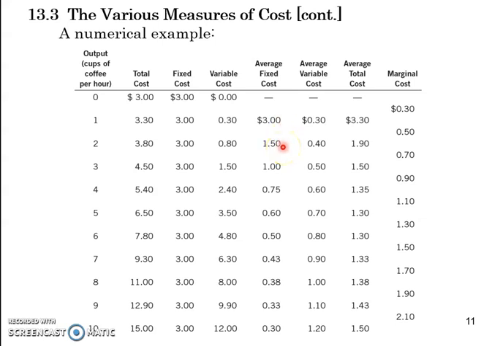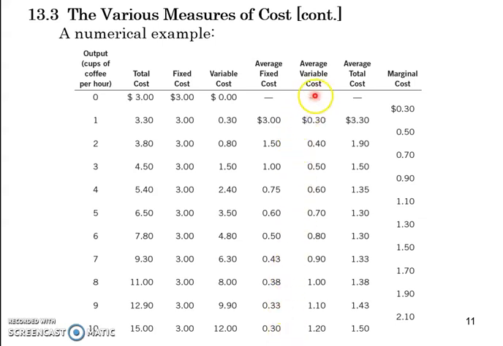If we produce 2 cups of coffee, we still use the same coffee maker, so the cost of the coffee maker can be shared between these 2 cups of coffee, right? The more we produce, the fixed cost can be spread over more units of output. That's why it continues to decline all the way to 30 cents per cup of coffee.